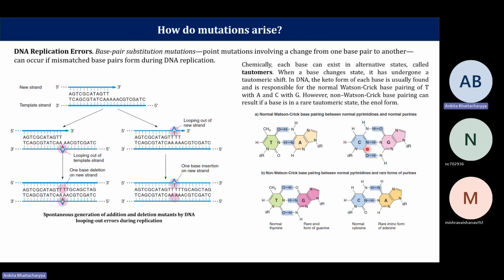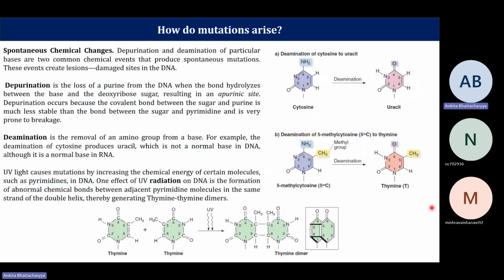What can sometimes happen is that if there's a switch from the normal keto form of guanine to the rare enol form of guanine, then guanine can start forming base pairs with thymine. It is mostly seen for adenine and guanine only. The rare imino form of adenine is able to form a base pair with C. So you have a GT and AC base pair under those circumstances, which is of course not normal, but it is an error and it will be recognized as a mutation. So that is another possibility.